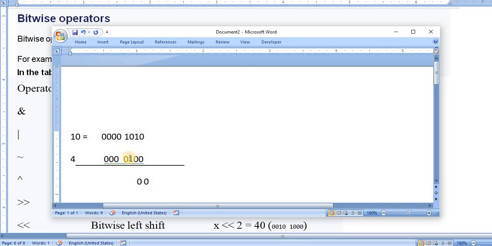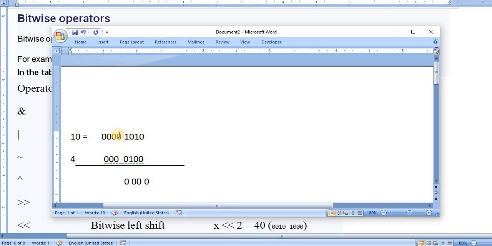In the next, it is also the same. The first bit is false and the second bit is true, so it will also return false. And the next bit is also the same. The first bit is true but the second bit is false, so it will also return false.